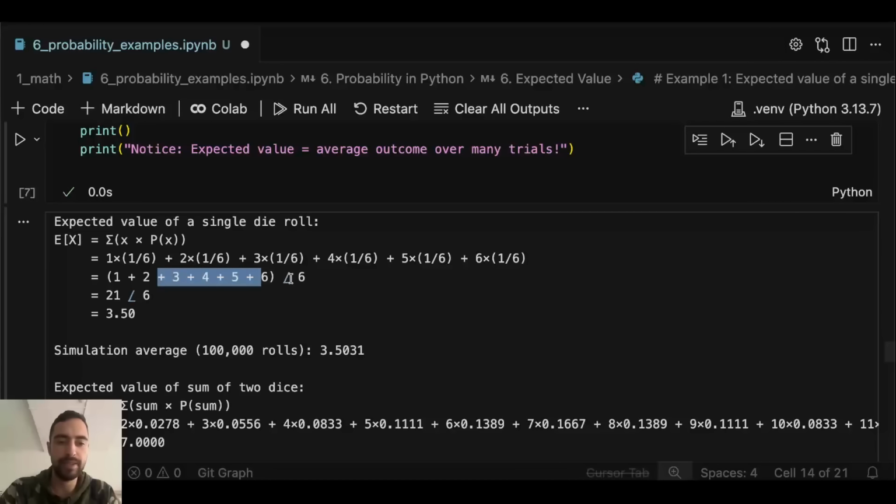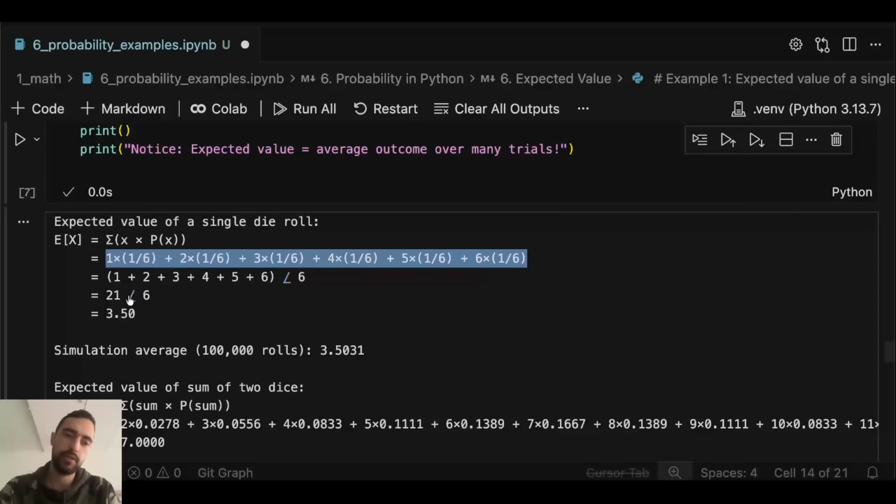So summing up and dividing only works if the probabilities are the same. That's a shortcut you can do. But this is the more general formula: you just do each value times its probability. And this is more specific: it works if probabilities are the same.